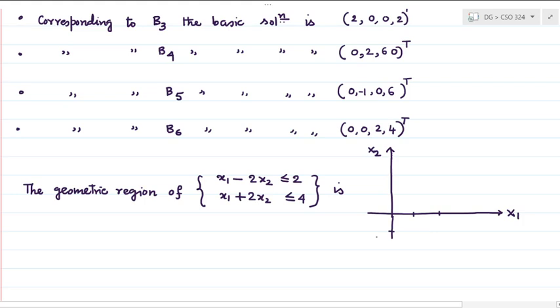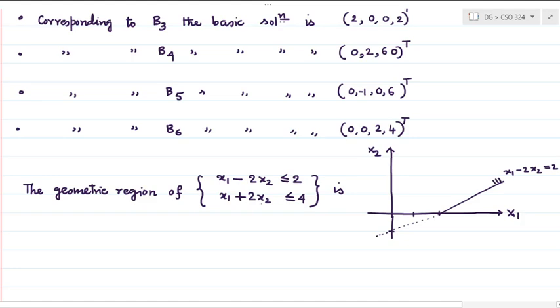So this line is x1 minus 2x2 equal to 2, and which side, less than or equal to 2? Origin side, because the origin satisfies this inequality, so this side.